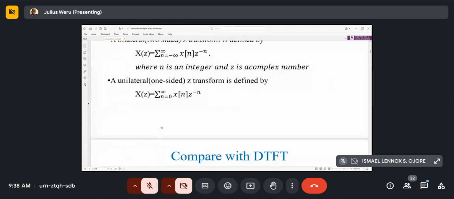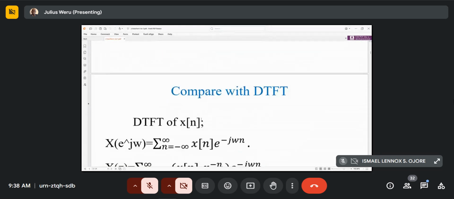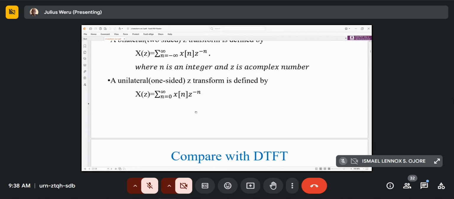The unilateral varies from n equals 0 to positive infinity. Actually, the Z transform in discrete time is the equivalent of Laplace in continuous time.